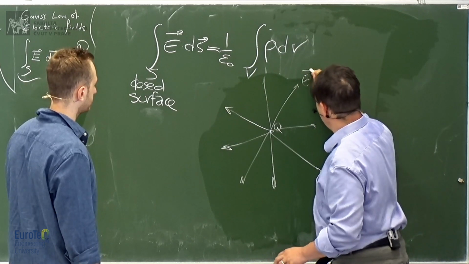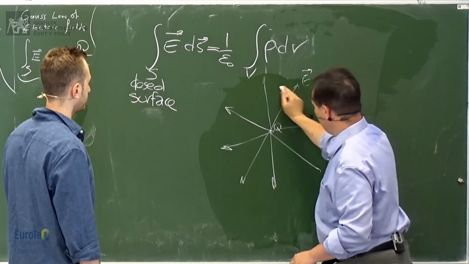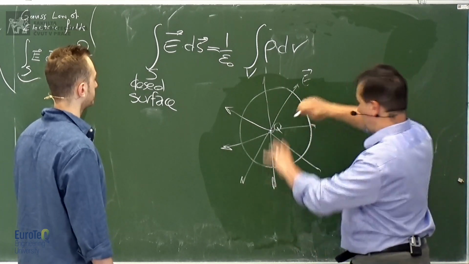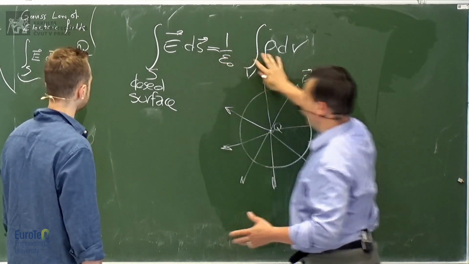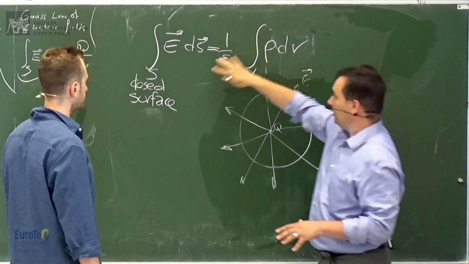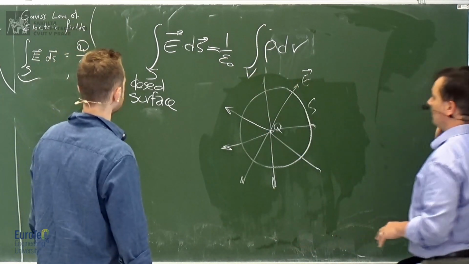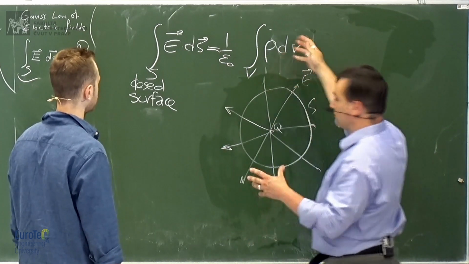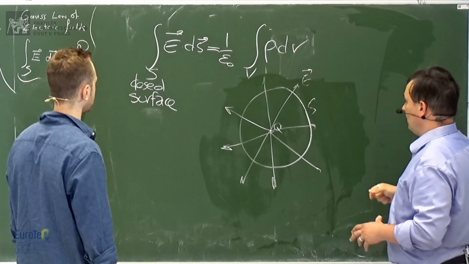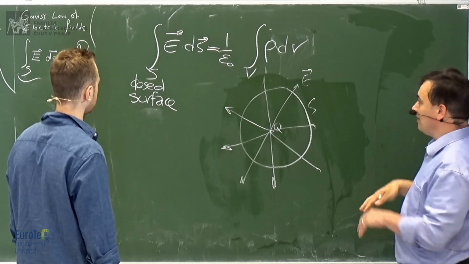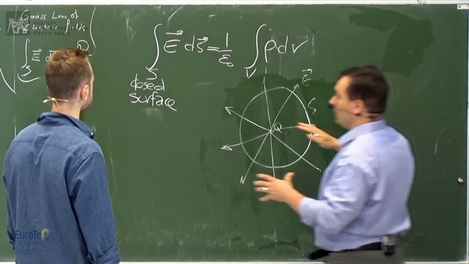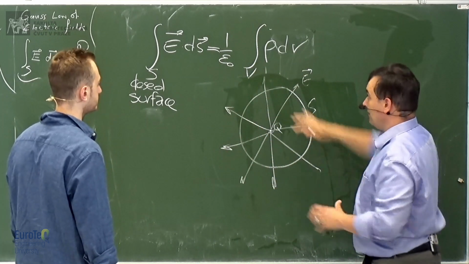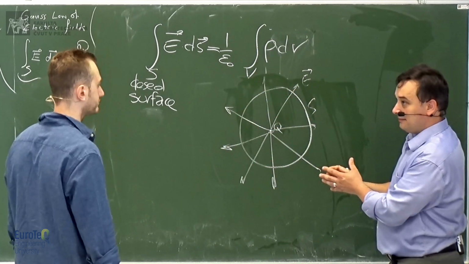And I have a ball. For this ball, the surface is S. We have this equation, so the integral of E over the surface is the total charge inside. As you see, what we are doing is using integrals.